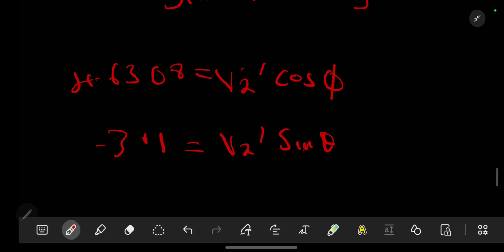So how do we solve? Make sure that sine is on top. This equation, let's say I call it my 1, this one I call my 2.